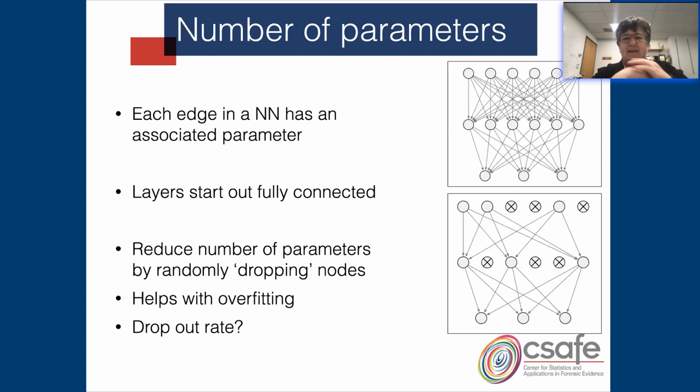Another piece that adds to the number of parameters. So at the top, we've got three layers. And generally, we start out with fully connected layers. So there is an edge from each node in one layer to each node in the next layer.